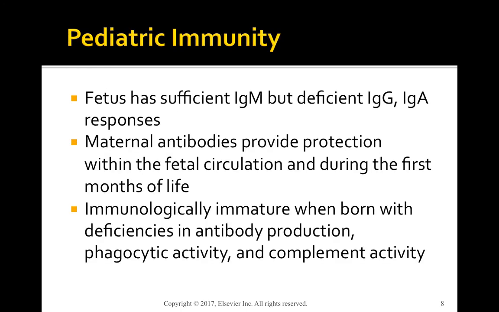A couple key ideas to keep in your mind with pediatric immunity. The fetus has maternal antibodies that are provided for protection through the fetal circulation during the first few months of life.